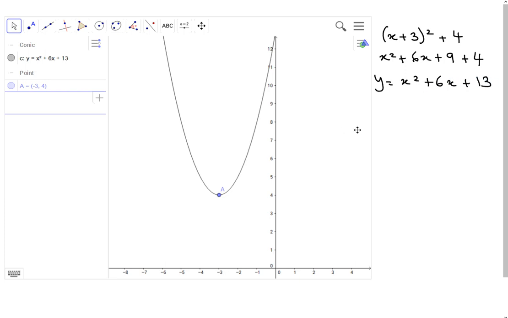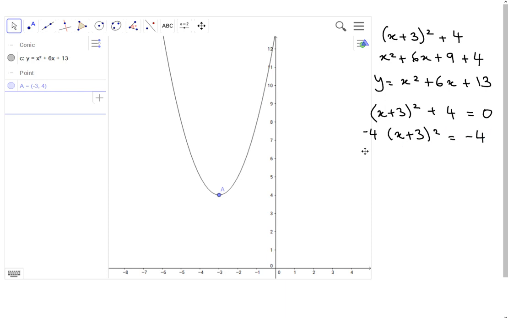Okay, and let's just prove that, yes, we know that it has no roots. So if you're asked to prove it doesn't have any roots, we'll take the x plus 3 squared plus 4, and then we make it 0. Now you can see you'll be minusing 4 from both sides, so you'll have x plus 3 squared equals -4.